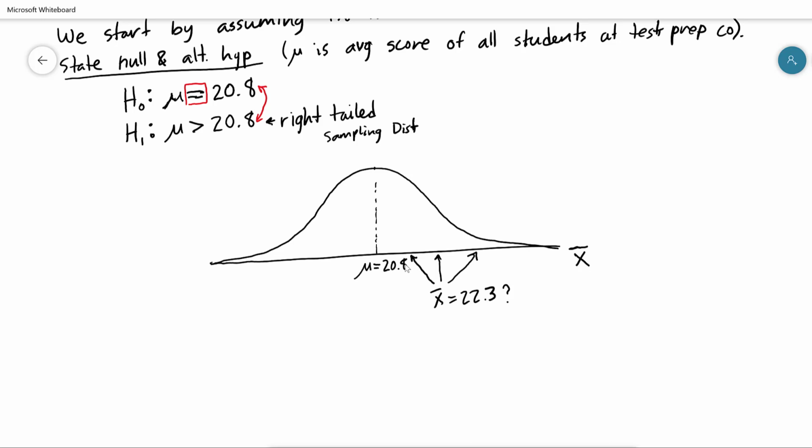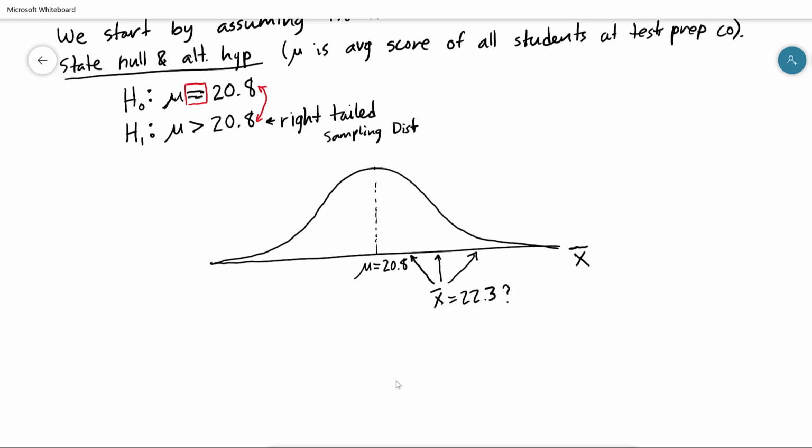It doesn't look like that would be all that uncommon of a result. If it falls close to this number, well, that's what happens most of the time. Maybe it's really close to this, and you need a much bigger number to be over here on the tail. And maybe if they took a different sample of 80 different students, they would have wound up with an x-bar below 20.8. Maybe they would have wound up with one like 19 or something like that.